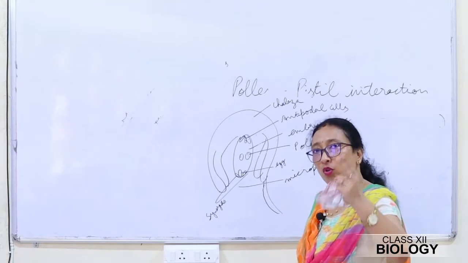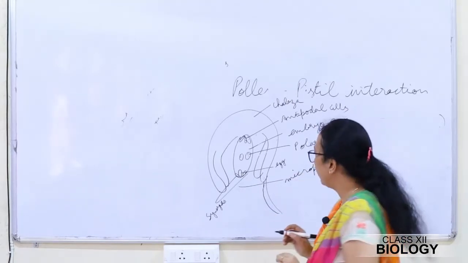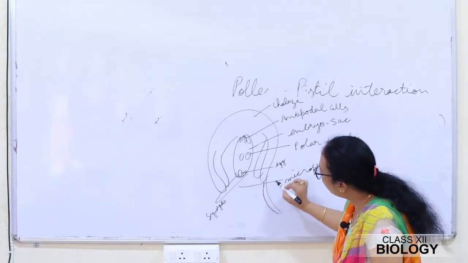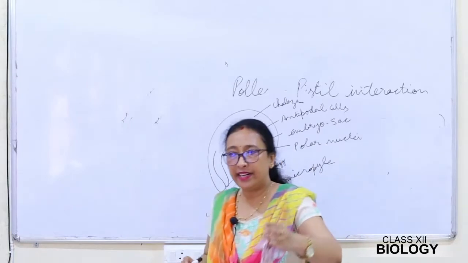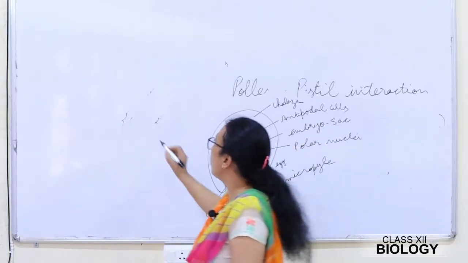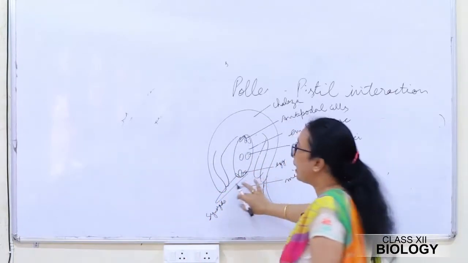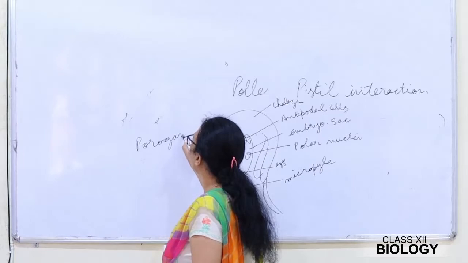Of the two male nuclei which were present in the pollen tube, one will come through the micropyle. One more thing to mention is that the pollen grain can gain entry through three places. One is through the micropyle, which is known as porogamy.